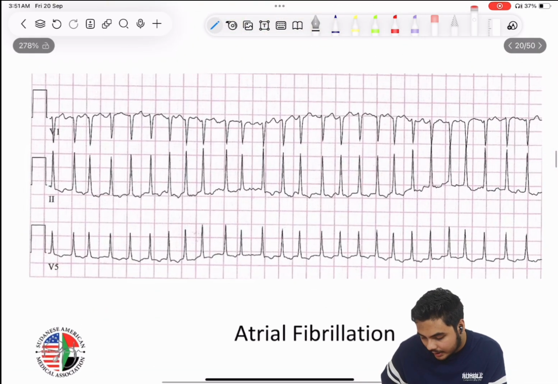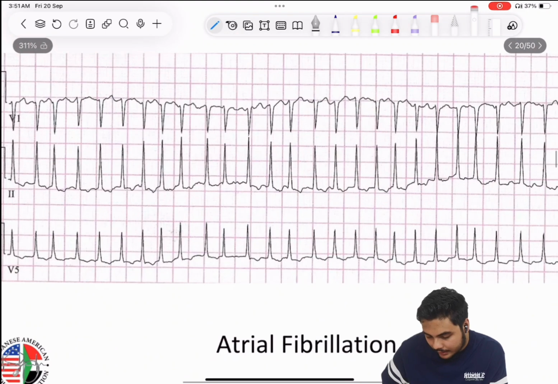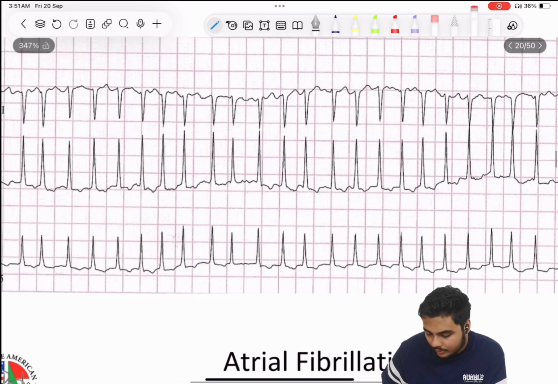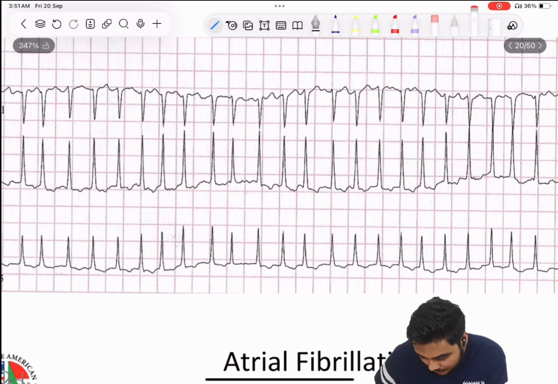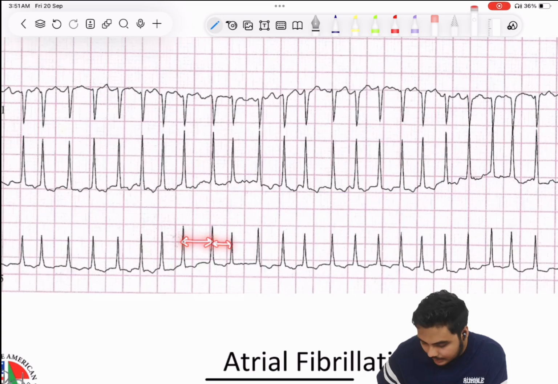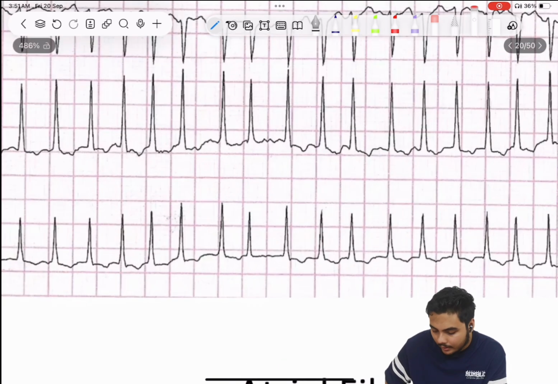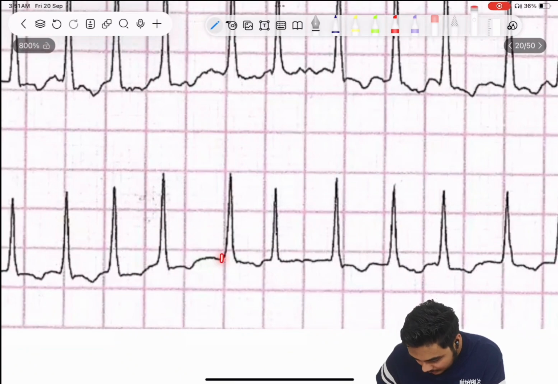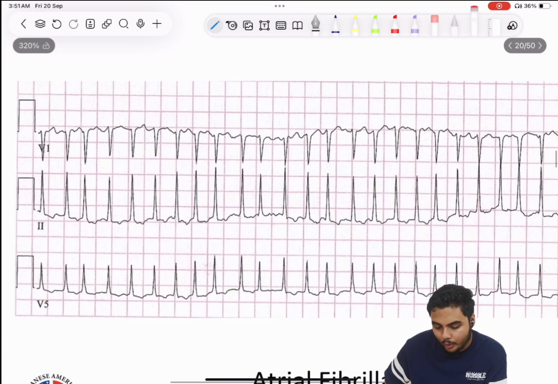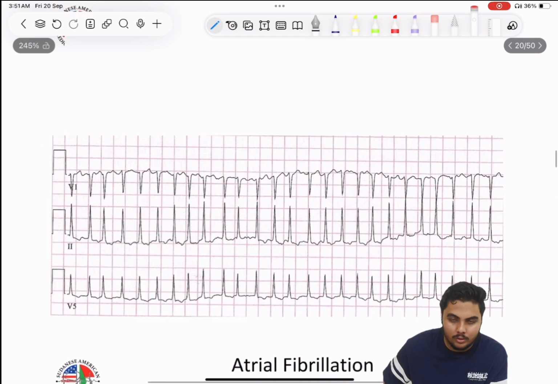Now, if you look at this ECG and go step by step, first of all, you can see the rhythm is irregular. The duration between this and this is different, as a result of which the rhythm is irregular. And if you look at the QRS complex, it is around 2 small boxes, that is around 0.08 seconds, which is a narrow QRS complex, right?